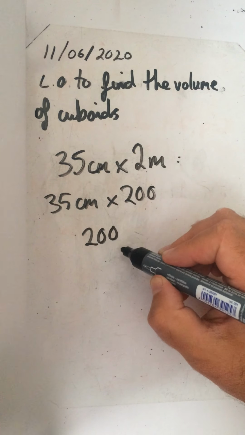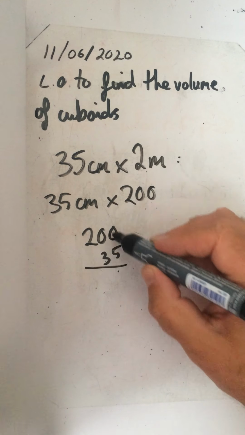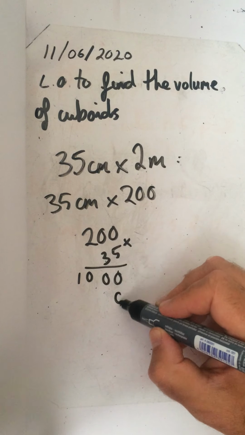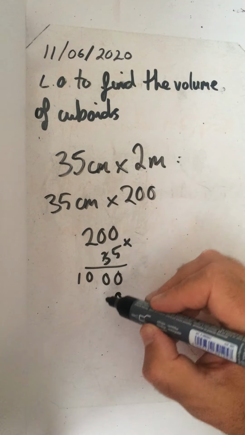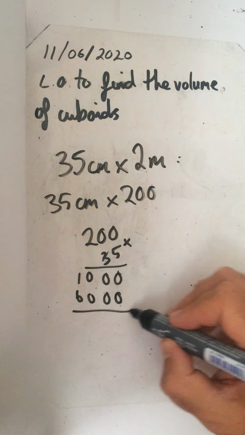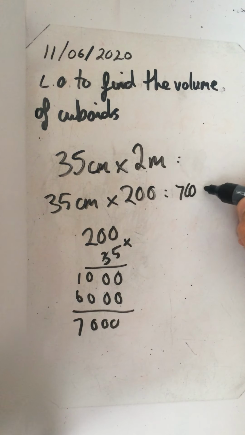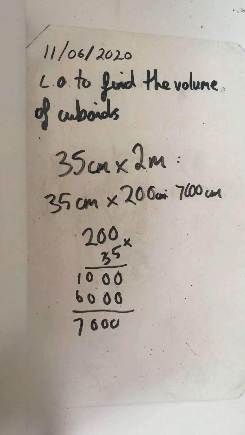If you want to do your 200 times 35, 5 times 0 is 0, 5 times 0 is 0, 5 times 2 is 10. Then the most important thing, the zero, remember, because this 3 is worth 30. 3 times naught is naught, and you would add them up that way. So your answer would be 7,000 centimeters, okay? And actually you could then turn that back into meters, which would be 70 meters.